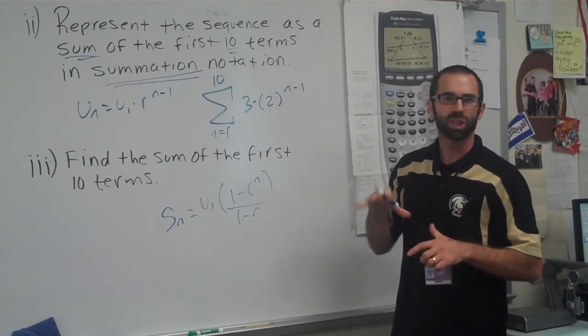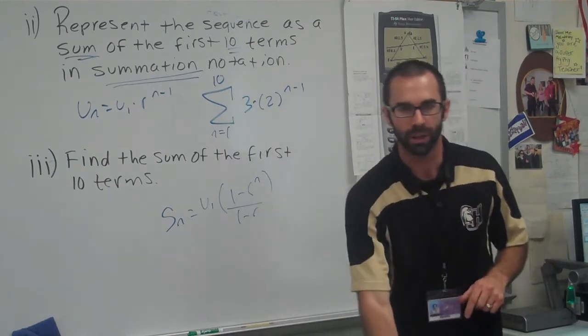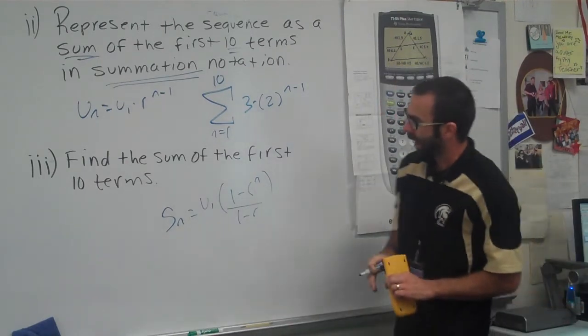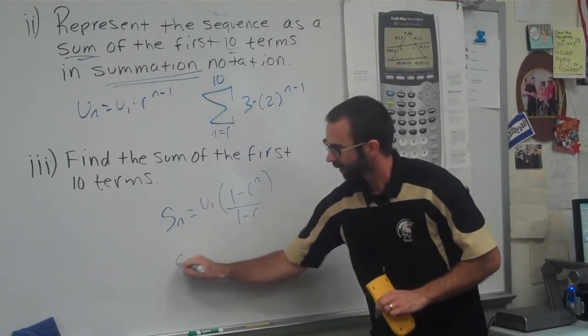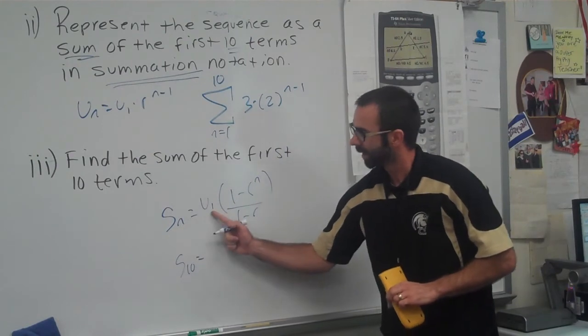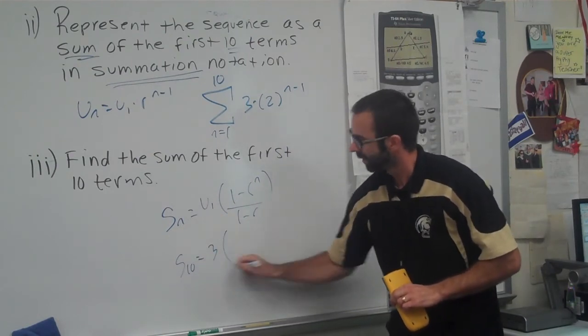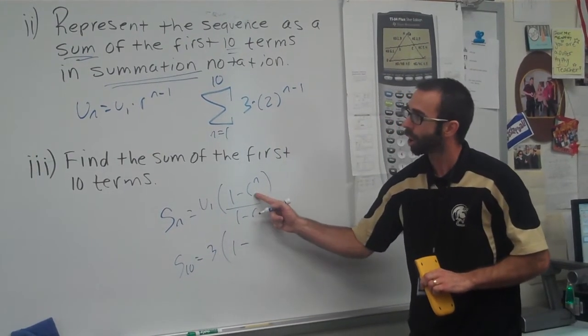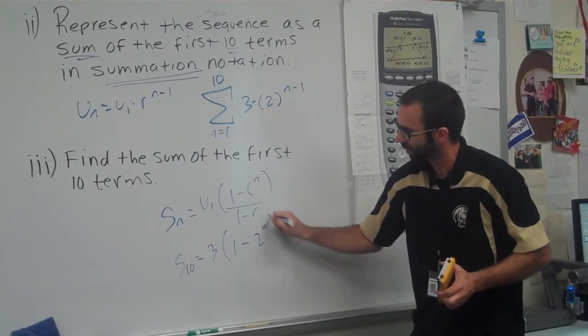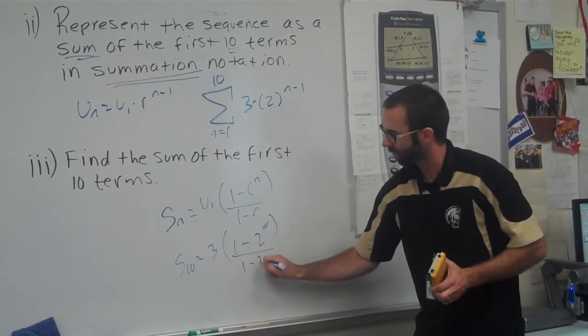Let's plug in our numbers and use our calculator. The sum of the first 10 terms is 3 times 1 minus 2 to the 10, all over 1 minus 2.